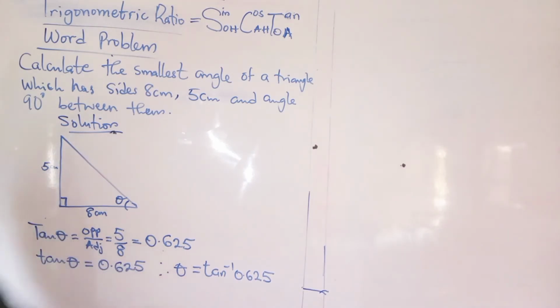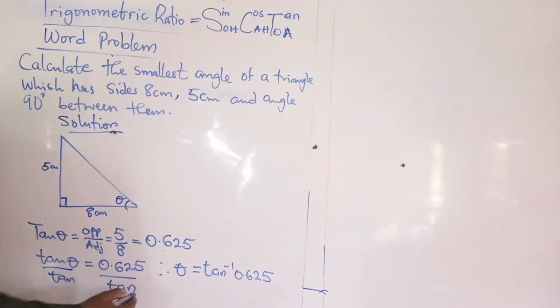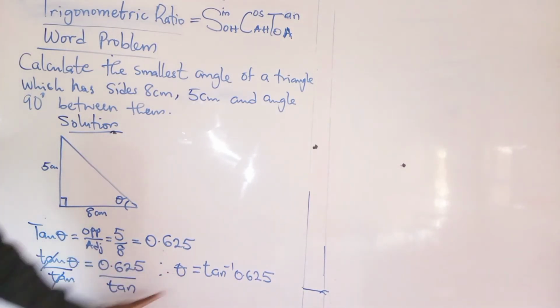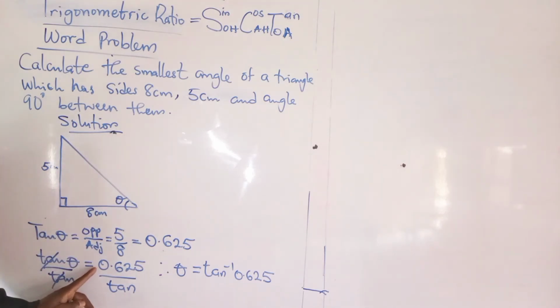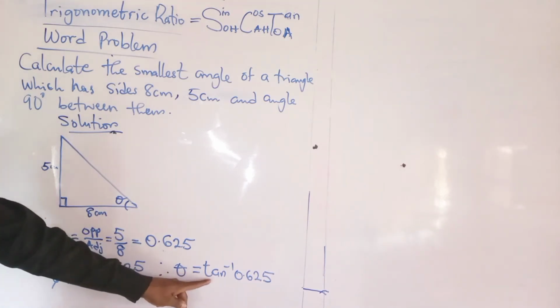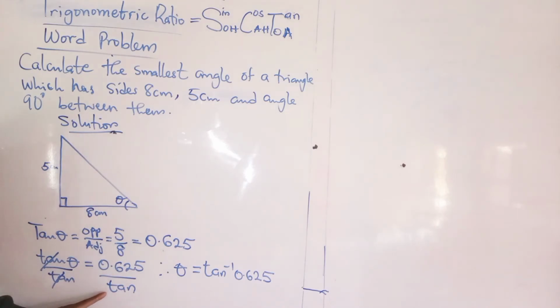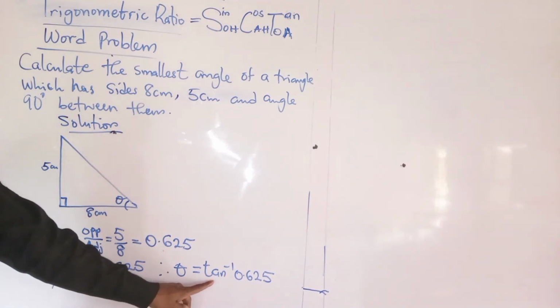That is the reciprocal of tan. It means if you are dividing tan by tan, this cancels this. Theta, this will go up and become the reciprocal. So we have 1 divided by tan is something as arc tan.